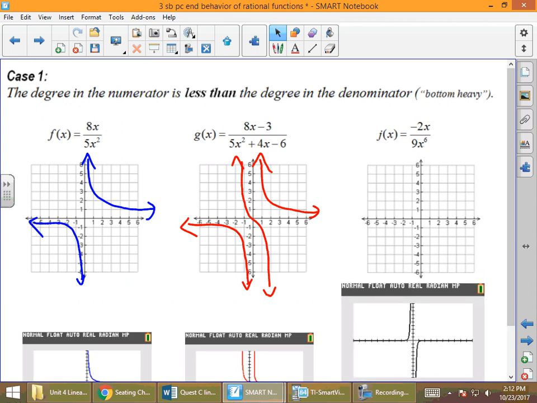Again, our picture looks like this in rough form.